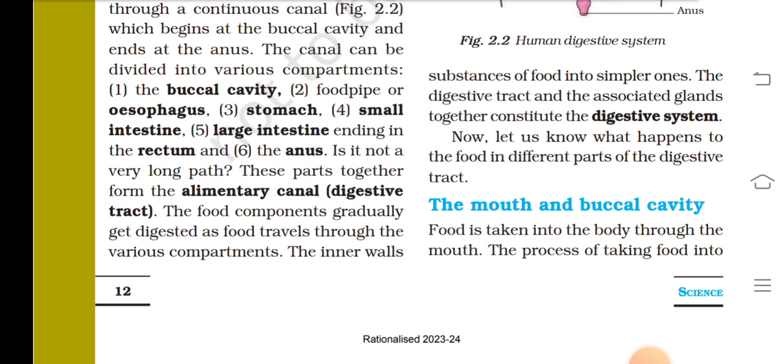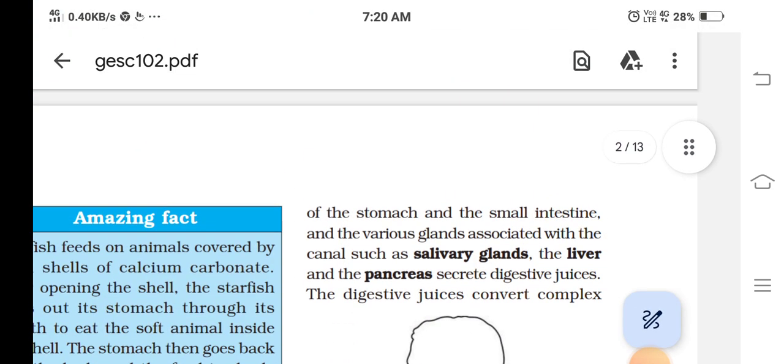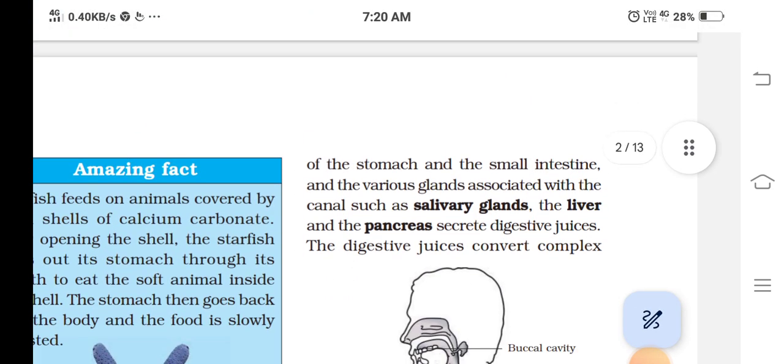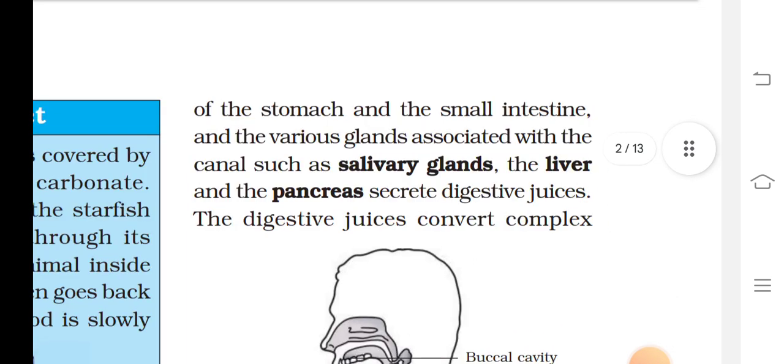The food components gradually get digested as food travels through the various compartments. The inner walls of the stomach and the small intestine, and the various glands associated with the canal, such as the salivary glands, liver and pancreas, secrete digestive juices.